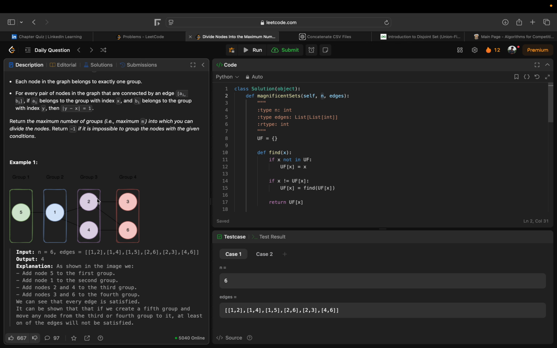So what I mean to say is, 3 is connected to 2 and 6 is connected with 2, so 3 and 6 should be in one group. So this is one possible case.